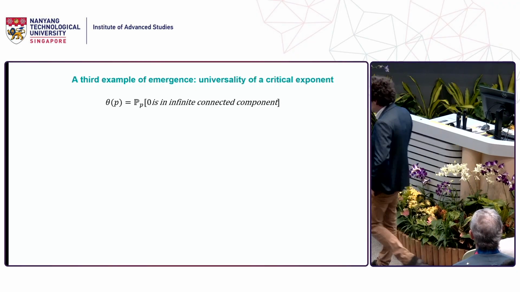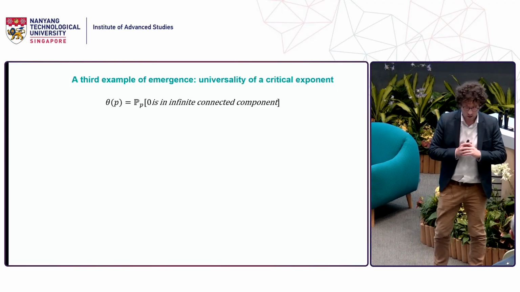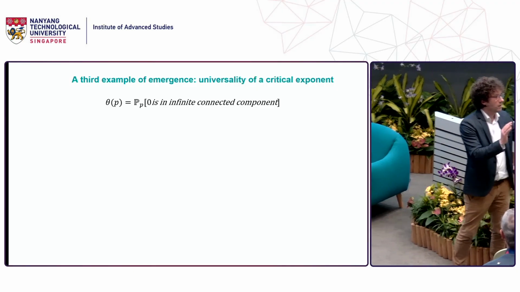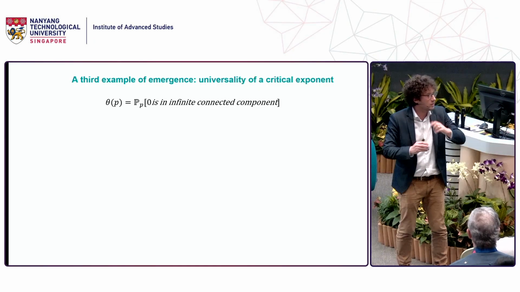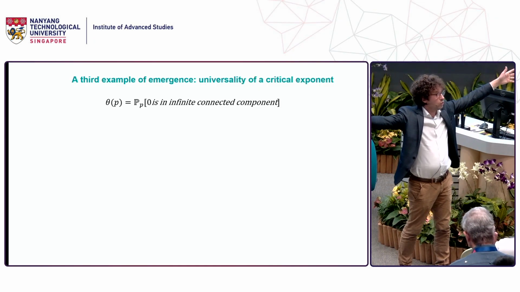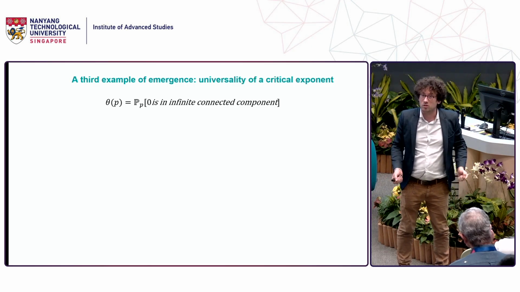Okay, so in fact, here you saw that when you vary P, you go from a phase where you almost don't percolate to a phase where you percolate. In fact, what you could do is, in an infinite system, look at the probability that there is an infinite connected component.